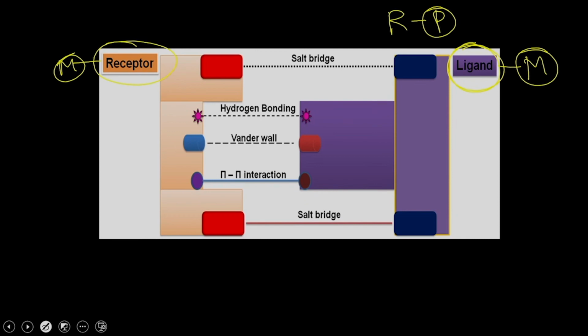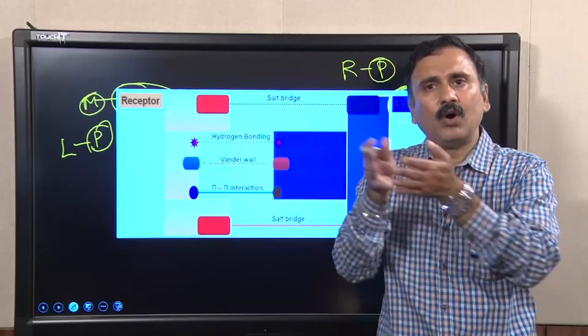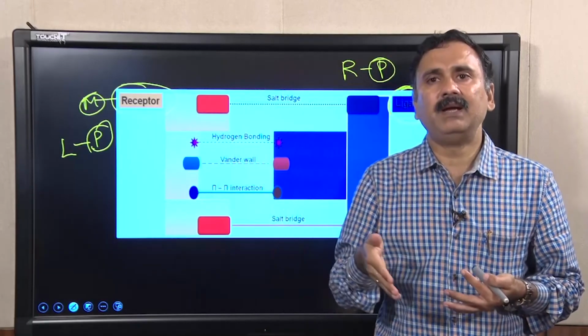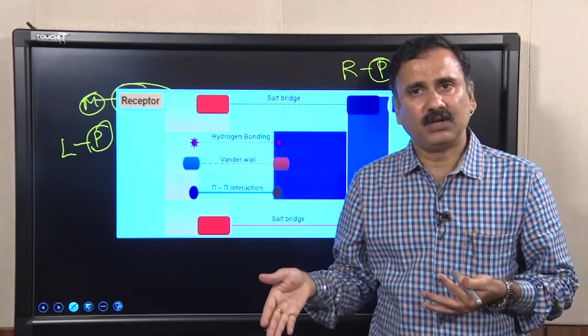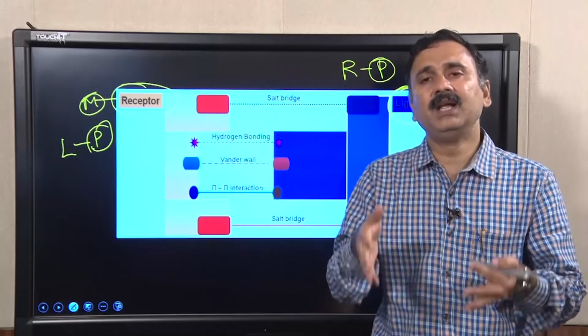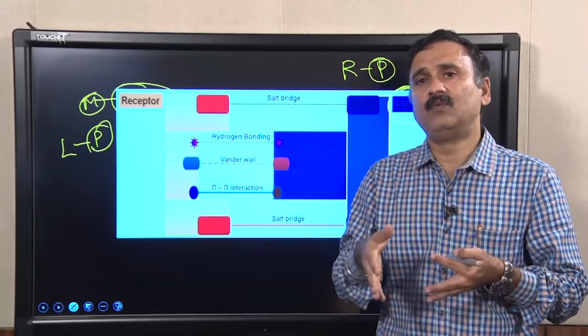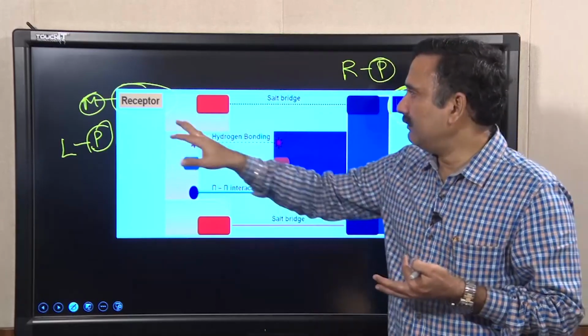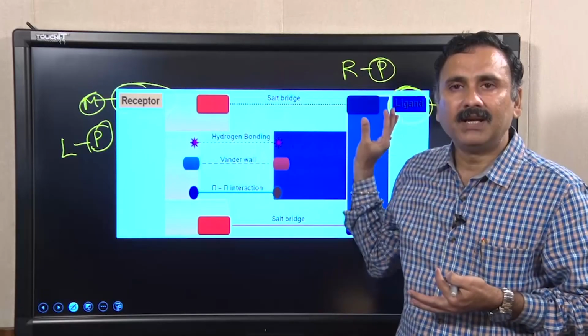If I couple the receptor to the matrix, then I have to couple the ligand to the protein. Coupling the receptor or the ligand to the protein is always done by recombinant DNA technology, which means you have to generate the recombinant protein if you would like to utilize affinity chromatography exploiting the receptor ligand complex.